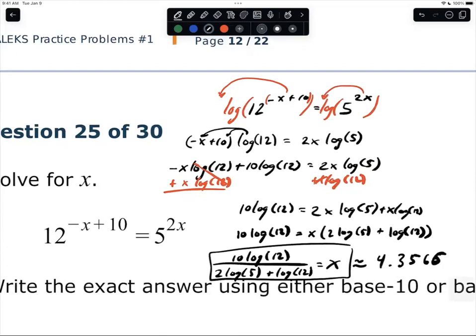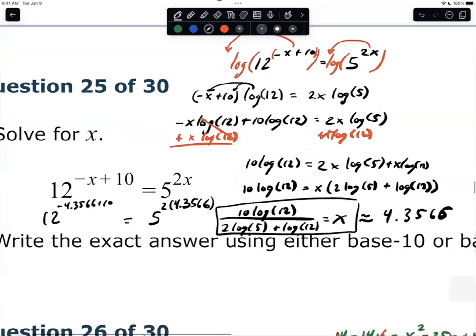And so I can plug this number into the exponent and make sure that both of these expressions come out the same. So what's 5 raised to the 2 times 4.3566? And then 12 raised to the negative 4.3566 plus 10. Let's see what we get there.